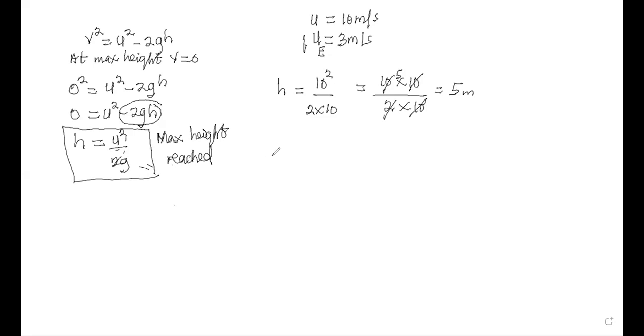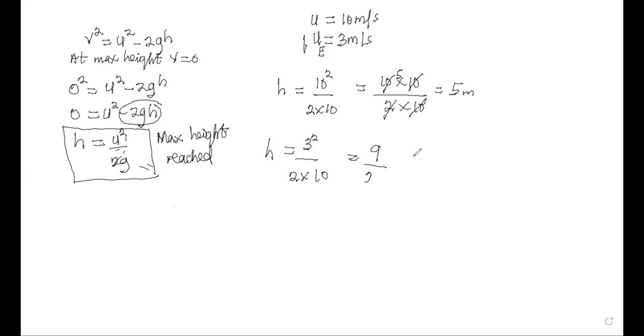Let's calculate that of Imelda. Imelda gave it 3. So her maximum vertical height will be 3 squared divided by 2 times 10. This is 9 over 20.